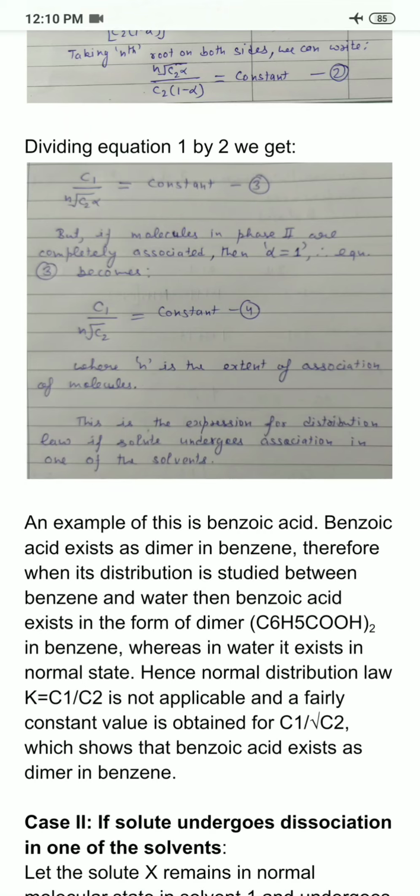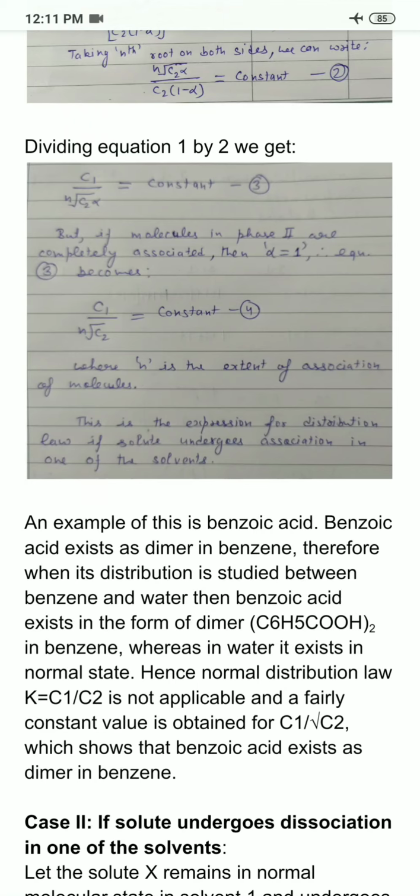Now if I study the partition coefficient of benzoic acid between benzene and water, then it has been found that benzoic acid exists in the form of a dimer. Dimer here means two molecules exist together, and I have shown this in the text.